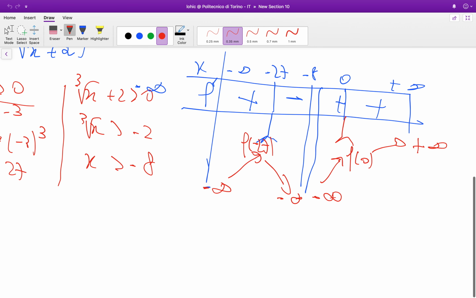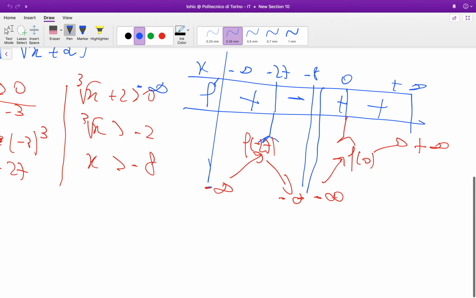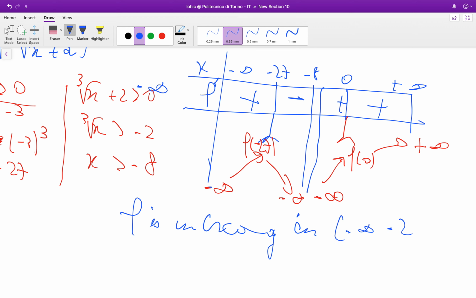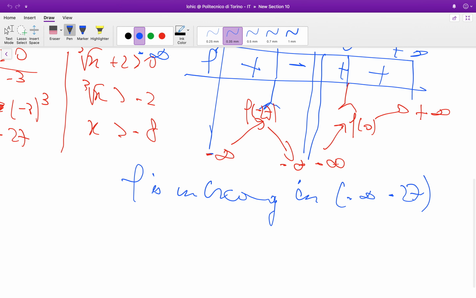Okay, so one can directly see from this table the monotonicity. You can see that the function is increasing in the intervals from minus infinity to minus 27, and it is also increasing in the interval from minus 8 to plus infinity, right?